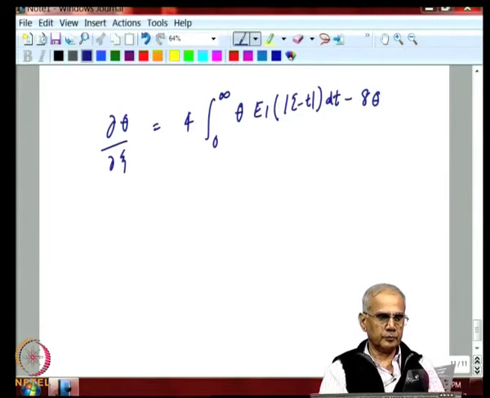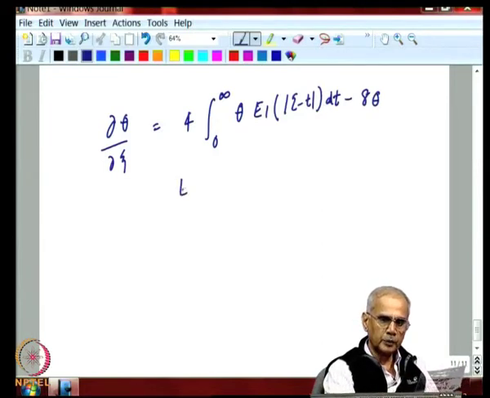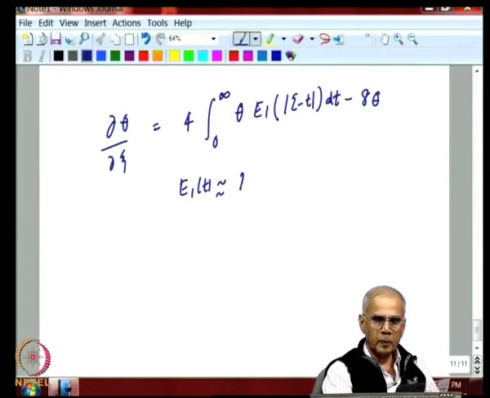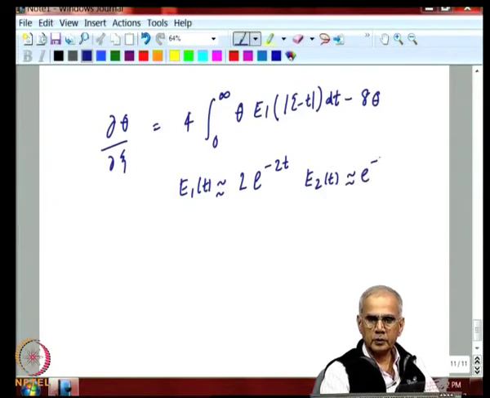So, this equation we are trying to solve, and if you recall the typical kernel approximations one can think of, one example of this is E1 of t is approximately equal to 2 e to the power of minus 2 t, and E2 of t approximately equal to e to the power of minus 2 t.